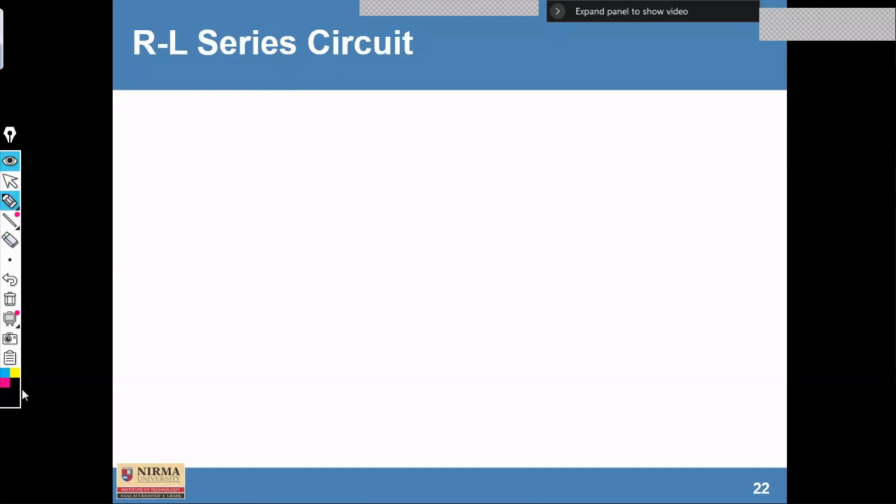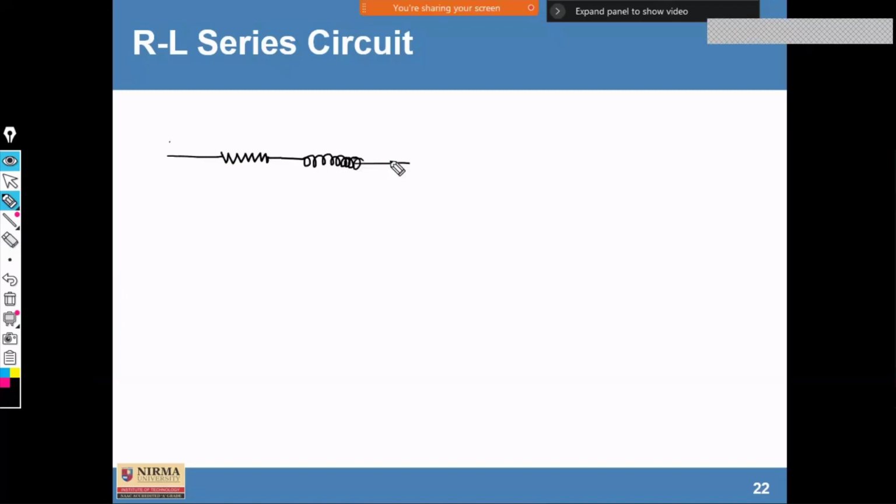Now, in the RL series circuit, the resistor as well as the inductor are both connected in series. We'll see their behavior while connecting these two in parallel also.